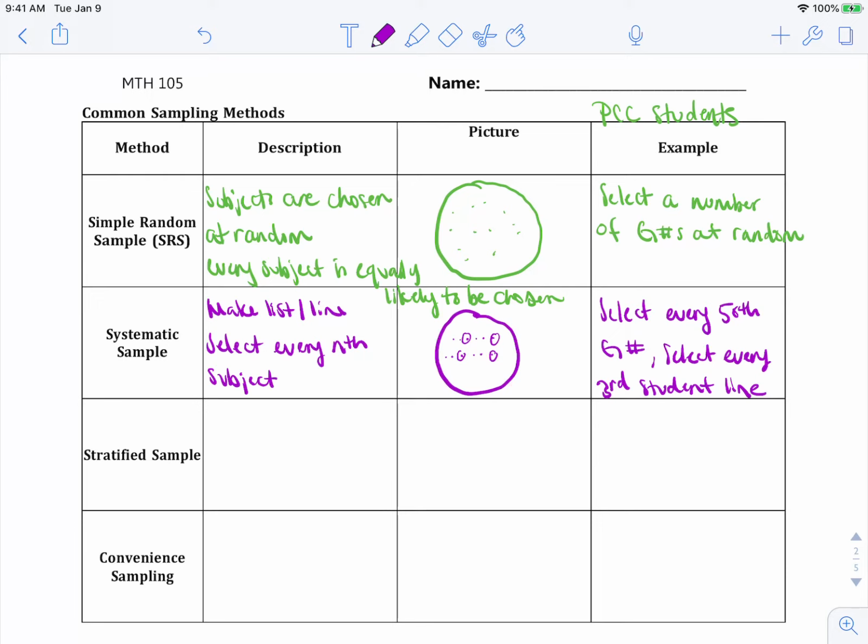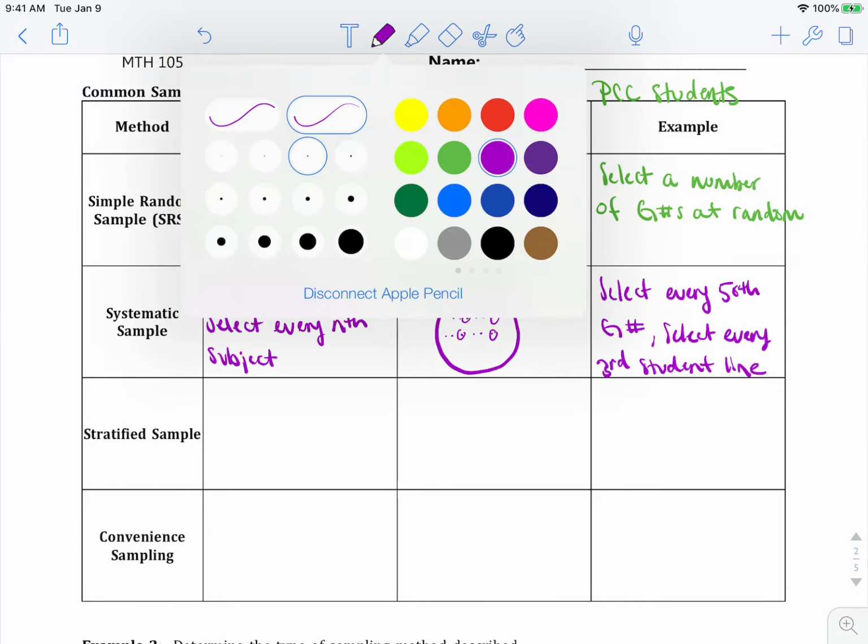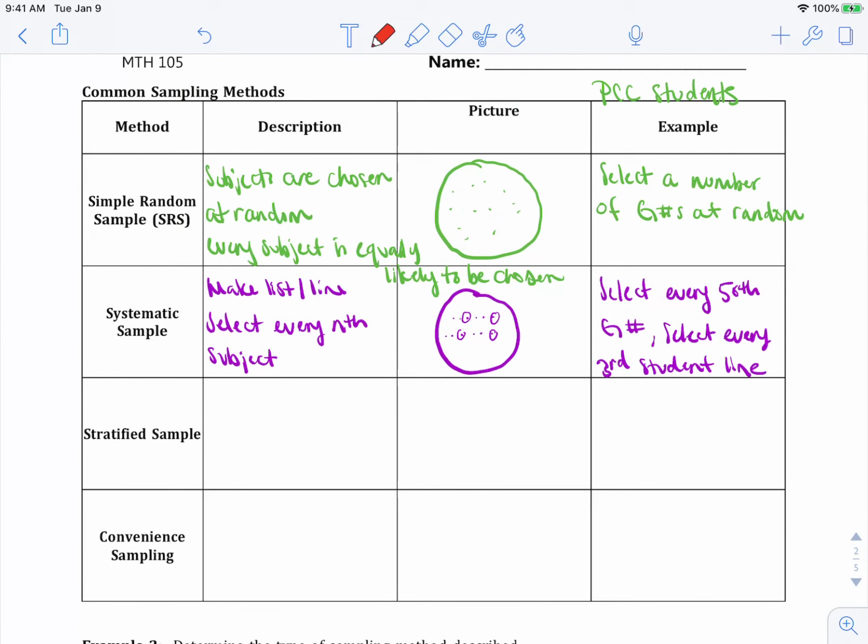Our third sampling method is known as the stratified sample. And what that means is now we have this population, but we're going to divide it into categories. So because we're focusing our examples on PCC students, we have 4 different campuses. So those could be our different categories.